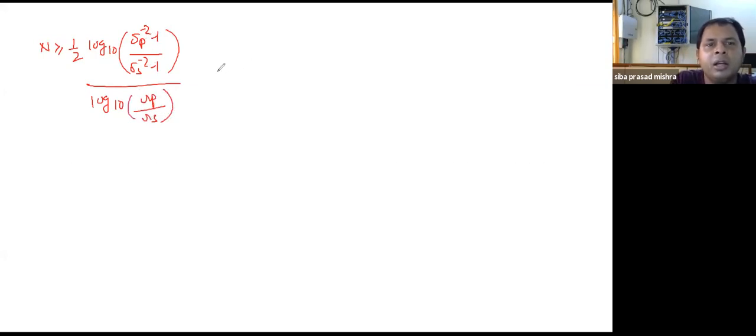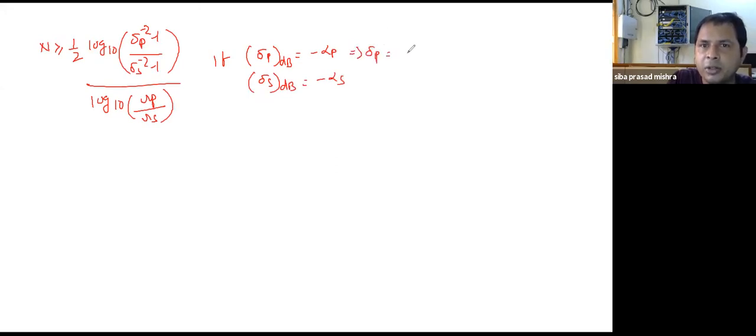Now, that is for linear values of del p and del s. If it is given in dB, that is, if del p in dB is minus alpha p and del s in dB is minus alpha s, then what is the meaning? I can write del p equals 10 to the power minus alpha p by 20, and also del s equals 10 to the power minus alpha s by 20.